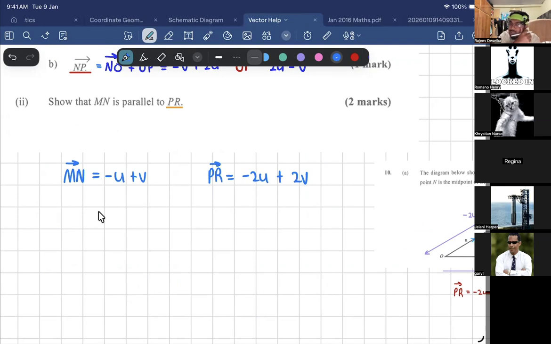Tell me, Regina, is there anything you could figure out? Okay, talk to me. You could write one vector equals to what by the other vector.